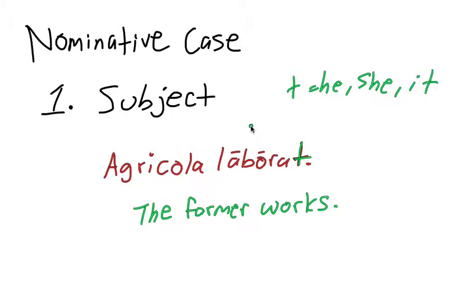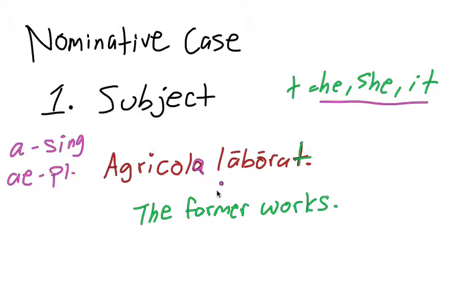But since we have a subject, a word that's in the nominative case, remember nominative ends in A for singular and AE, or we pronounce I, for plural. Okay, so if it is agricola, if we have a subject, then the he, she, or it is replaced by the meaning whatever that word is.